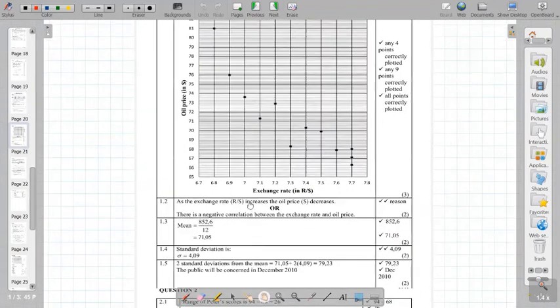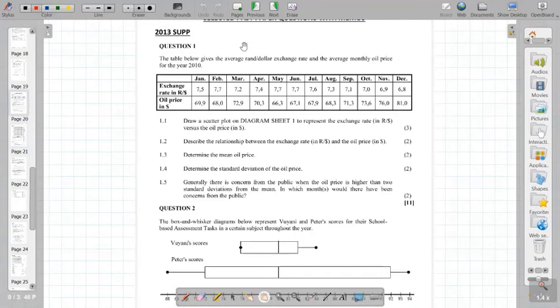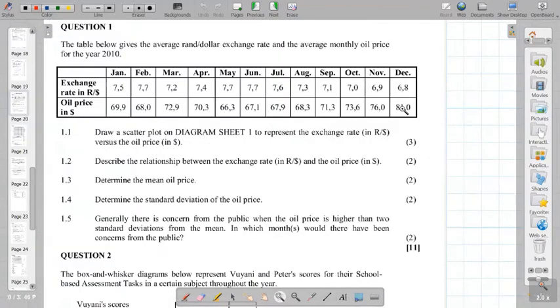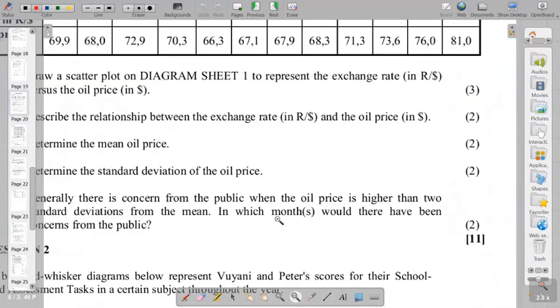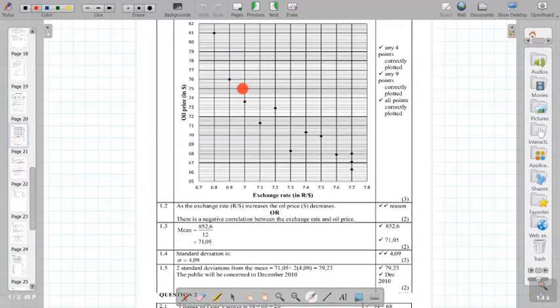And what was the 1.5? The concerns, that was 1.5. But they didn't ask about outliers, they just said the concern. You see that value 66.8 and 81, that is the one which is kind of an outlier, and that's what we said. The concern came here, and you can see that easily from the scatter plot.